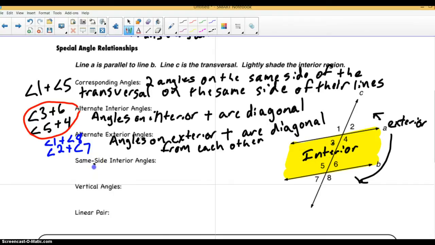So same side of transversal, and on the interior. And those were angles 4 and 6, and 3 and 5.